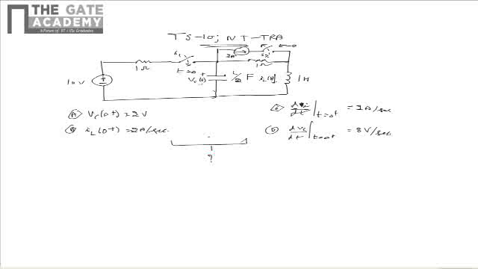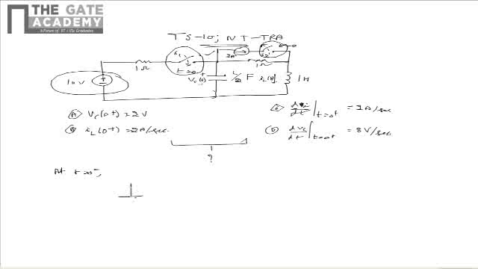From the given data, we see that the switch S1 is closed at t equal to 0 and switch S2 is opened at t equal to 0. So let us draw the equivalent circuit at t equal to 0 minus. As the switch S1 is closed at t equal to 0, the 10 volts voltage source is disconnected from the remaining part of the circuit at t equal to 0 minus.